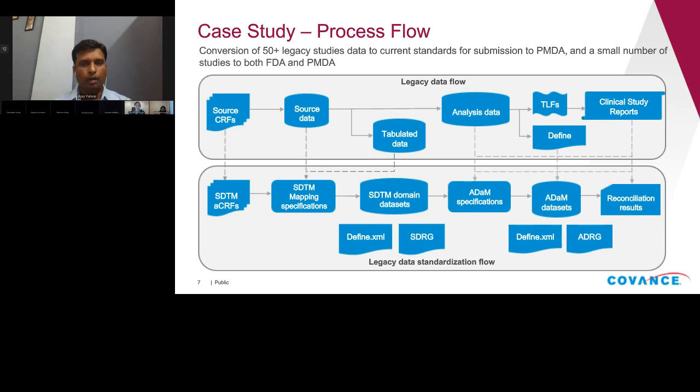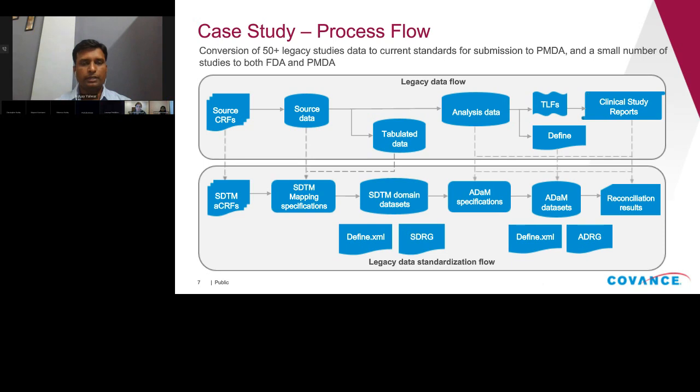So the block above shows the legacy data flow, how the analysis data sets were made during the legacy study conduct. We can see that the source CRFs were producing the source data, and those source data were used for analysis data set creation, and then the TLFs which fed into the CSR.